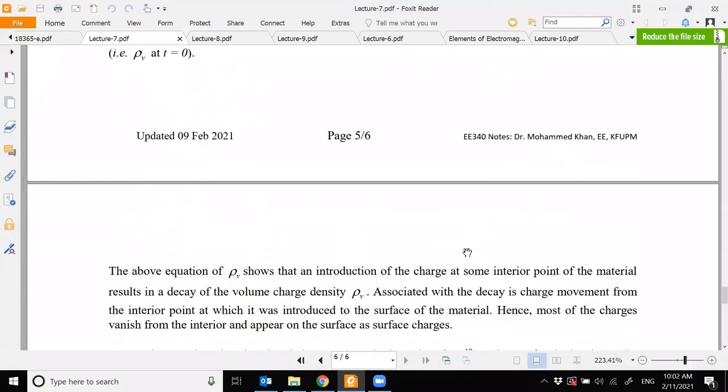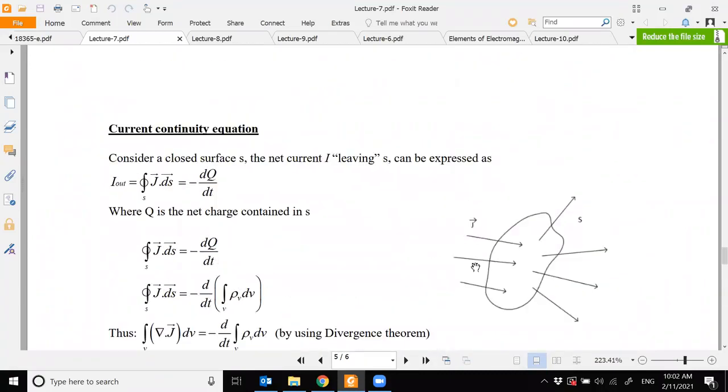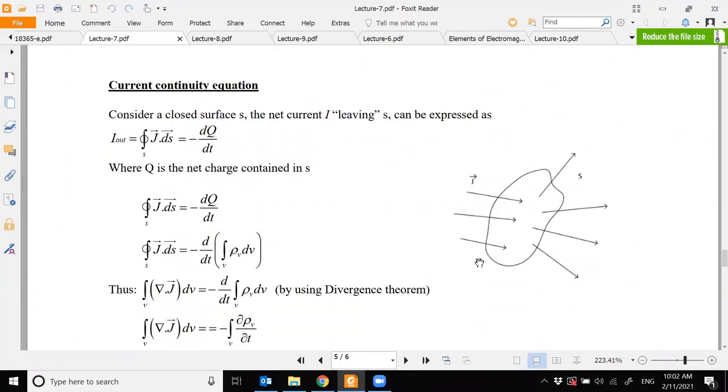And then this last part tells us that if you place a charge on a conductor, then the charge will rearrange in such a way that it will only appear at the surface in the form of a surface charge.